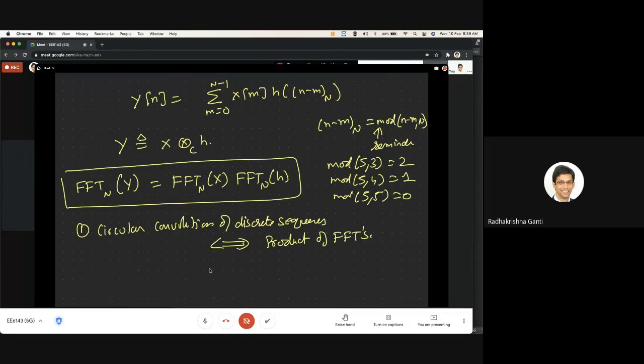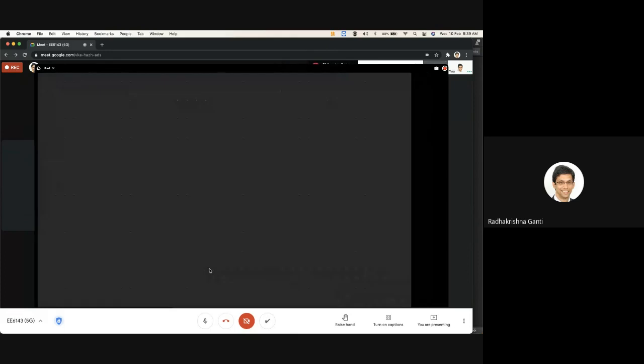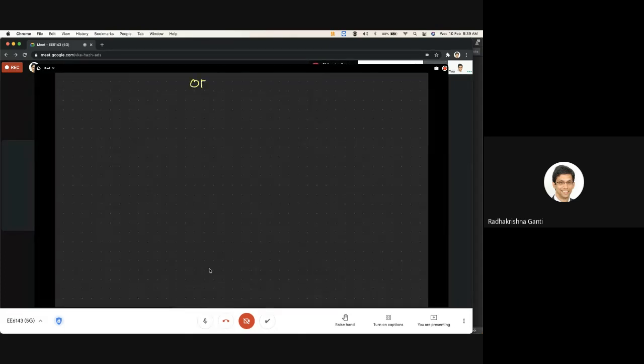Okay. So with this background, we can start OFDM. You have bits. I am going to draw the transmit and the receiver chain for OFDM.